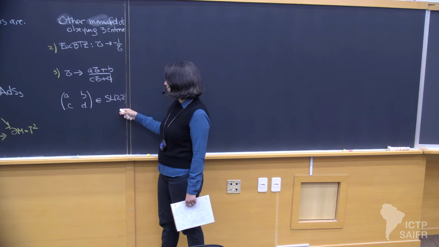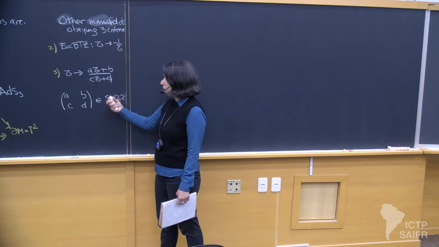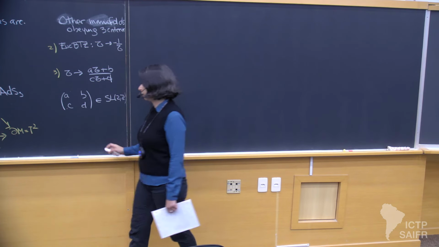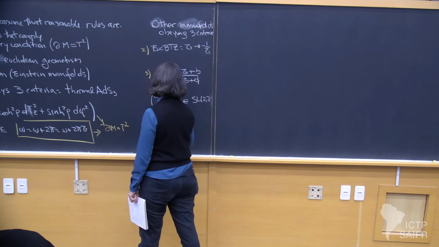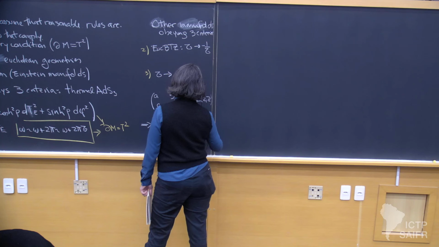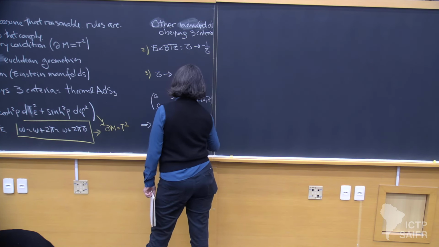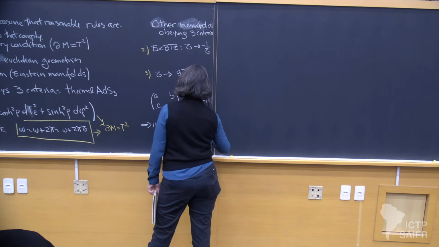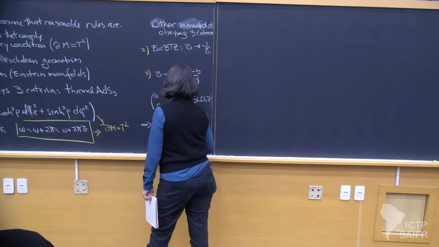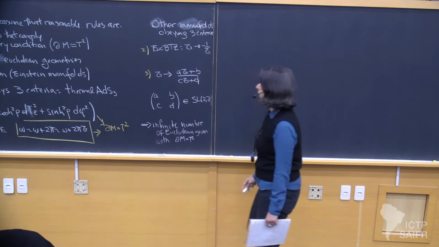Since a, b, c, and d run through the integers, I have an infinite family of Euclidean geometries that obey the boundary conditions, with the property that the boundary is a torus with a given complex structure.